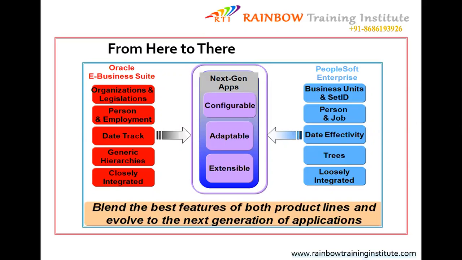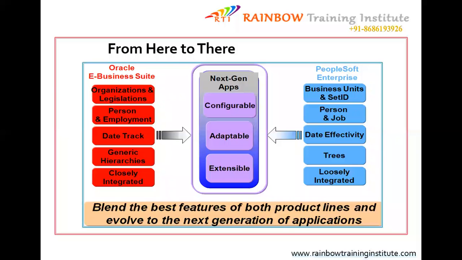These functionalities are configurable, adaptable, and extensible also. When you talk about person and employment in eBiz suite, the same thing is called person and job in PeopleSoft. Now it has been brought over as person and employment in Fusion application.